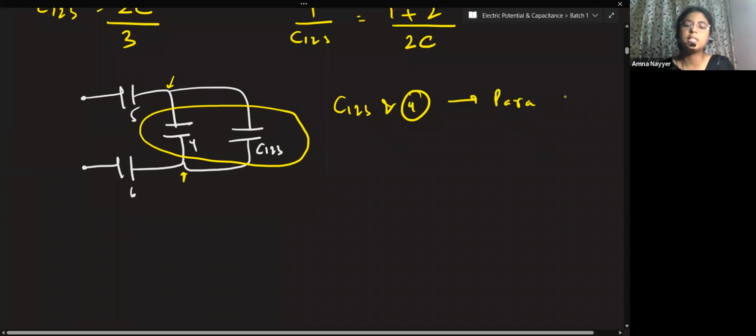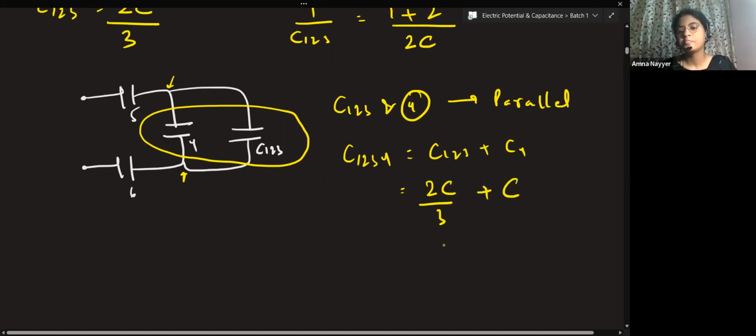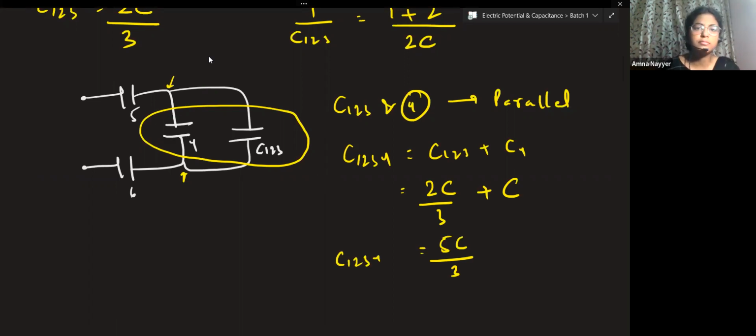So C1234 will be C123 plus C4. C123 we calculated as 2C by 3, plus C4 is C. So this will be 3 plus 2, 5C divided by 3. This is C1234, the net capacitance of this.